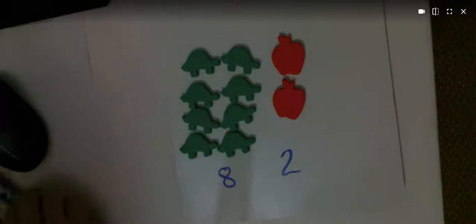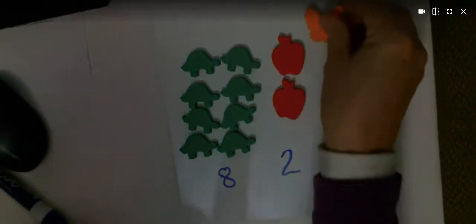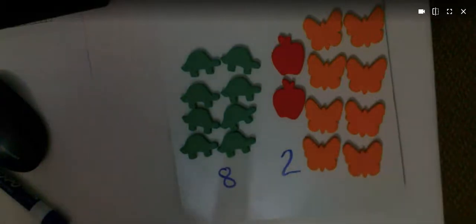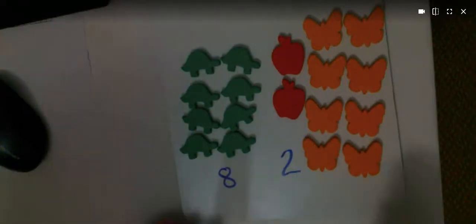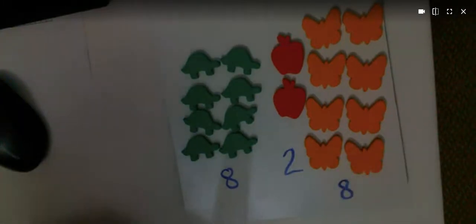Now let's look at another grouping. Let's put some butterflies out. There's 1, 2, 3, 4, 5, 6, 7, and 8. So let's put my number 8 here. What did you notice?